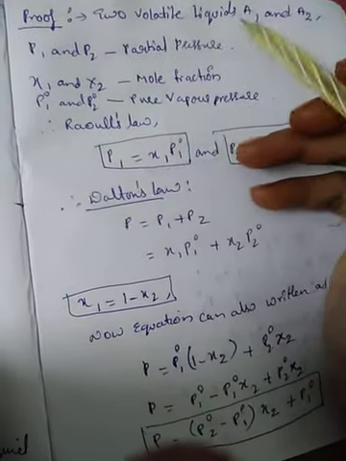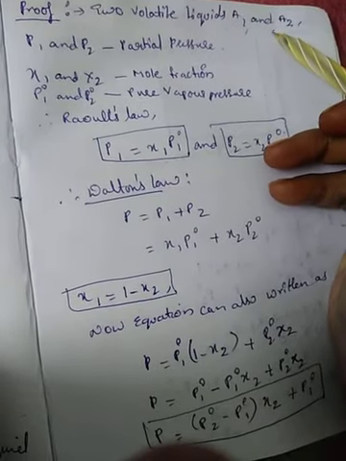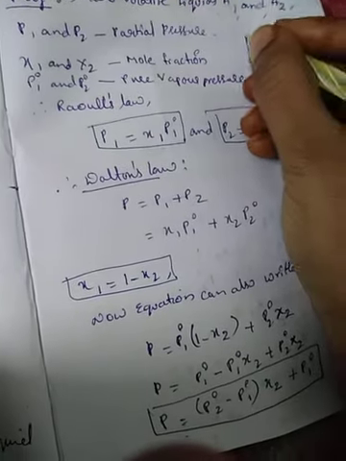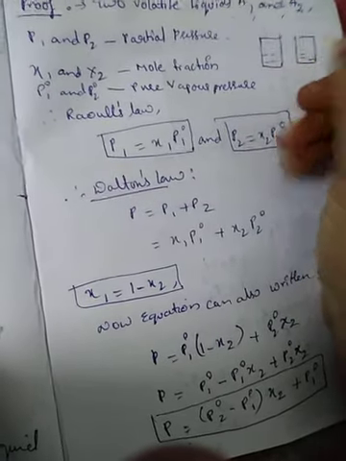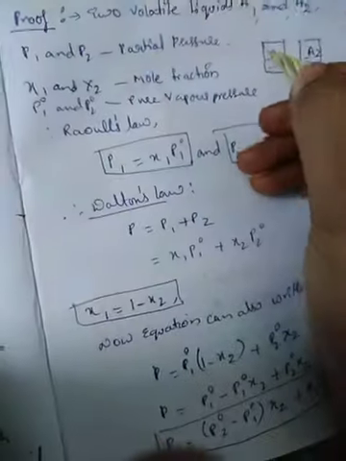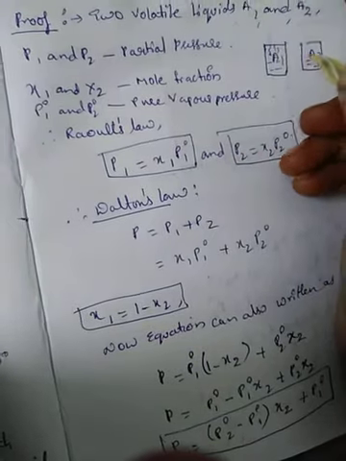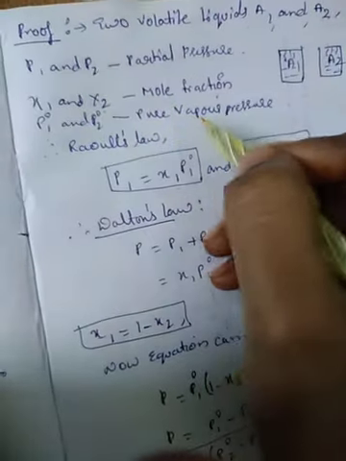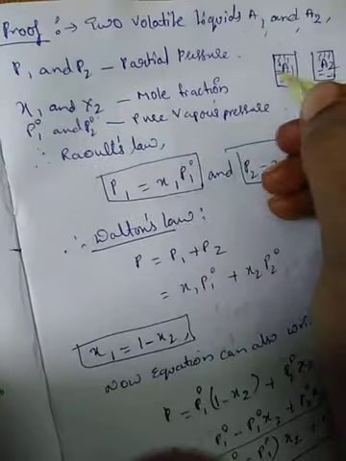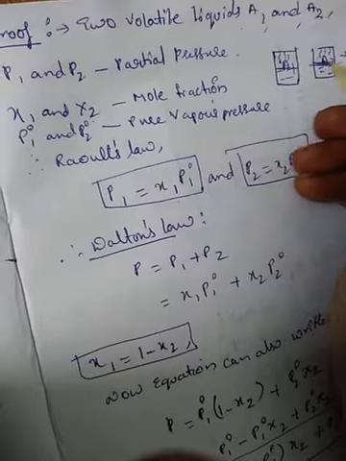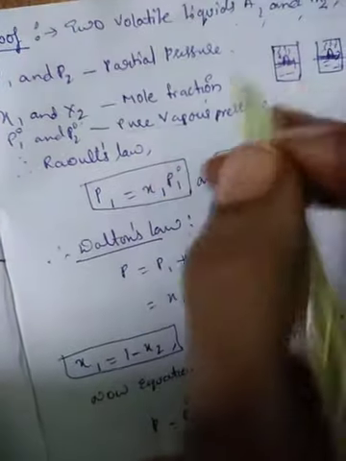For the proof, take two volatile liquids, A1 and A2: two beakers, with two solutions inside, one A1 and one A2. P1 and P2 are the partial pressures released after evaporation, and X1 and X2 are the mole fractions. P1 naught and P2 naught are the pure vapor pressures, the vapor pressure exerted at the equilibrium stage, which is nothing but the pure vapor.